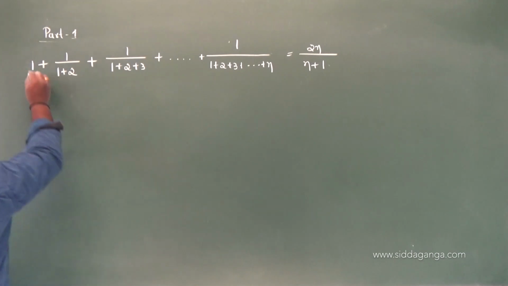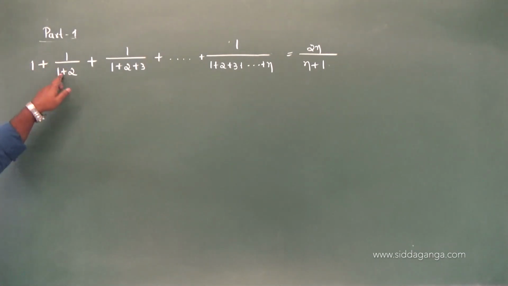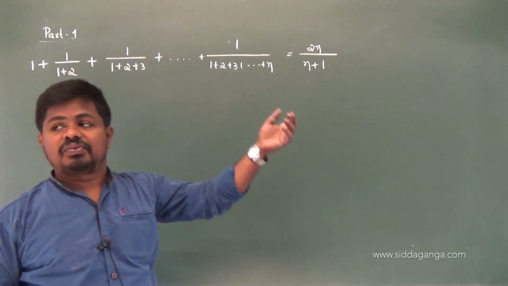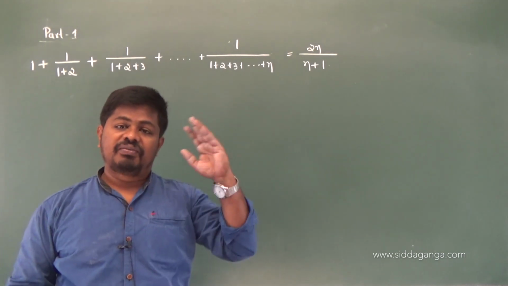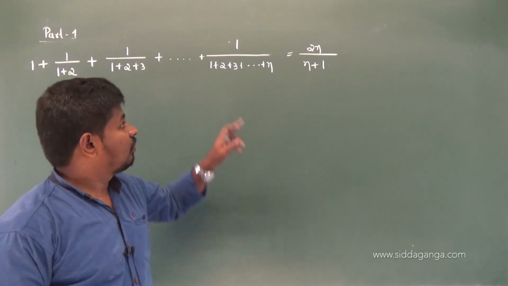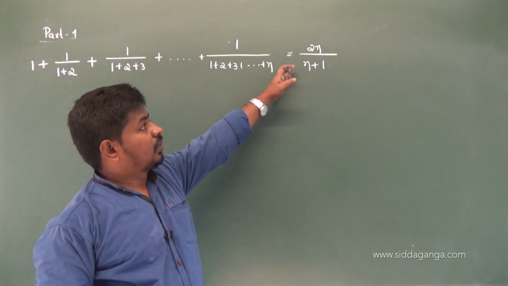So now the first term is what? 1 by 1. Second term is 1 by (1 plus 2). Third term is 1 by (1 plus 2 plus 3). Fourth is 1 by (1 plus 2 plus 3 plus 4). Fifth is 1 by (1 plus 2 plus 3 plus 4 plus 5). Nth is 1 by (1 plus 2 plus 3 till n), and the sum is equal to 2n by n plus 1.